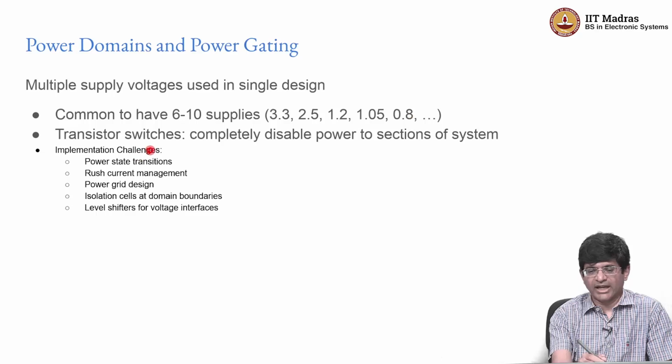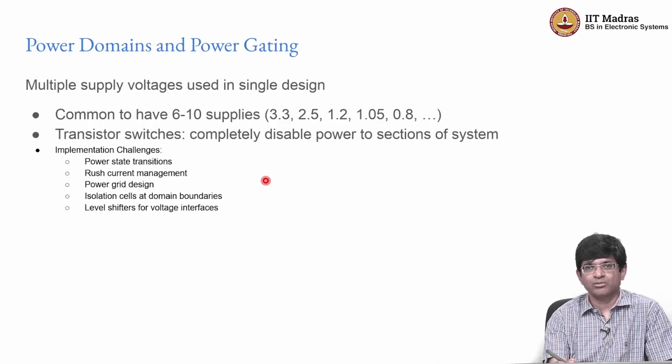The good thing of having multiple voltages, or having in general controllable voltages, is that you can also add transistor switches into your supply path, which means that it's possible to turn on or off a complete segment of a circuit.